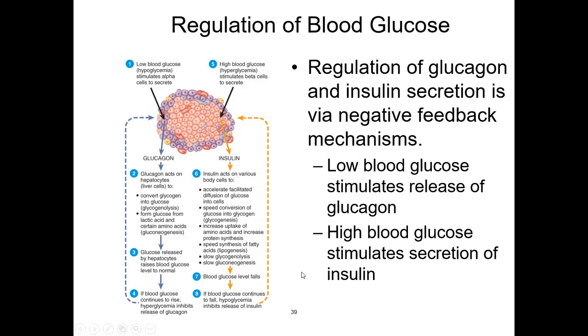The consequence of that, the blood glucose levels fall. And so yet again, we reverse the initial challenge, high blood glucose, into a normal blood glucose level through the decrease of blood glucose, a consequence of the action of insulin.